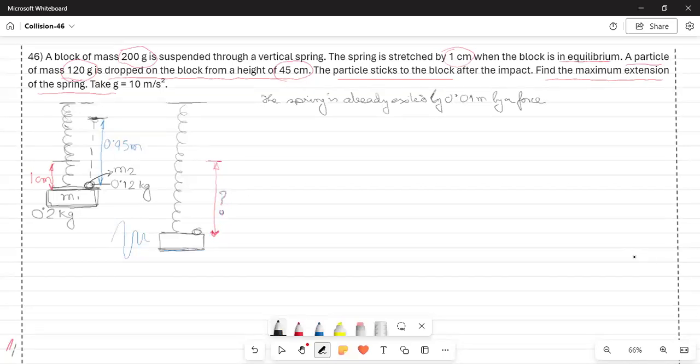What is the force? Force is mg. M is 0.2 kg into g is equal to 10, equal to 2 newton.